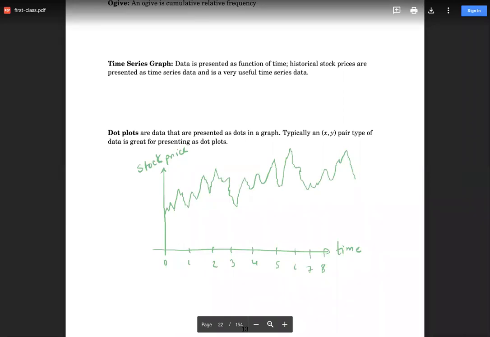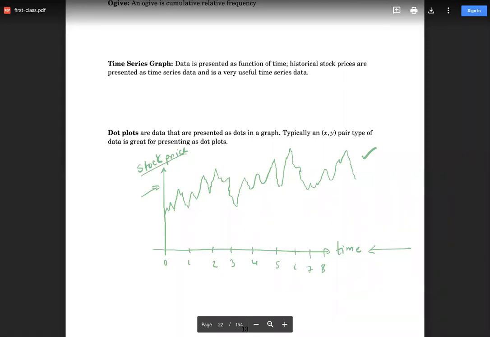So you collect data. You can think of collecting data at certain time intervals, and you look at the time series data. So this is a time series graph. Along the horizontal axis, you put the time, and along the vertical axis, whatever is your interest. It could be stock price, the population, the GDP, gross domestic product for a country, or anything that you can think of that is dependent on time.